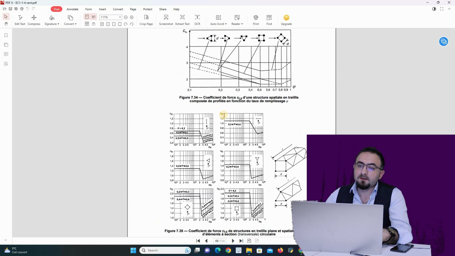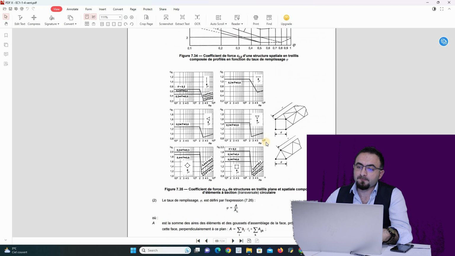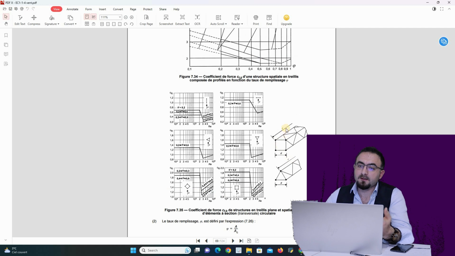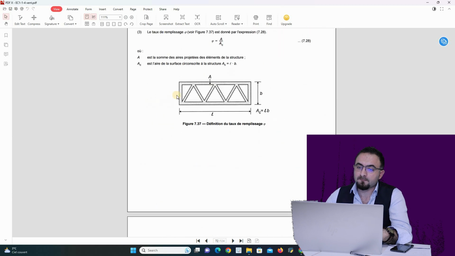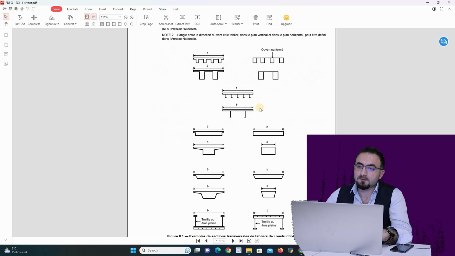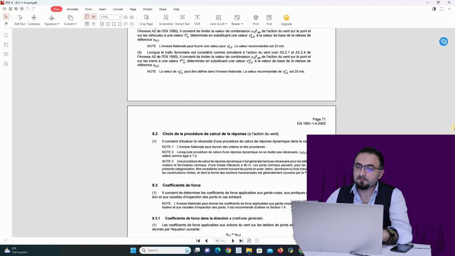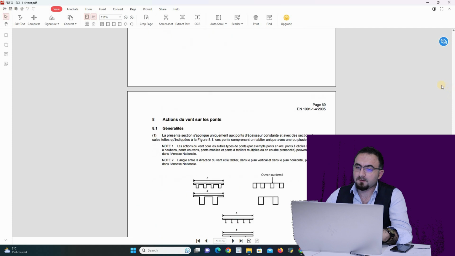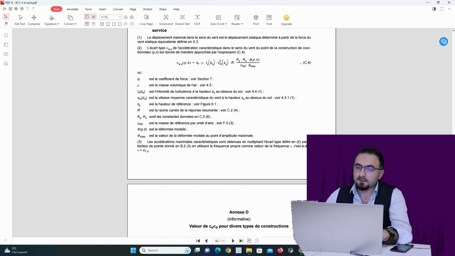Here we have a truss structure, and how we can apply the forces if we have a truss structure. In this term, all of that we can see. And here there is an annex.